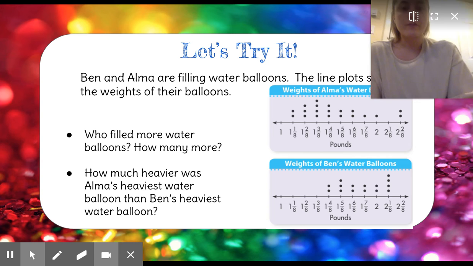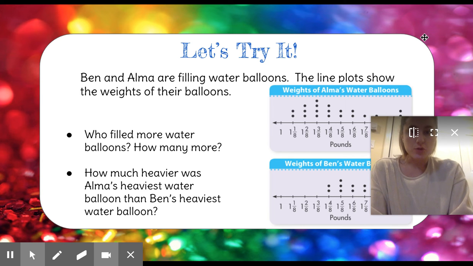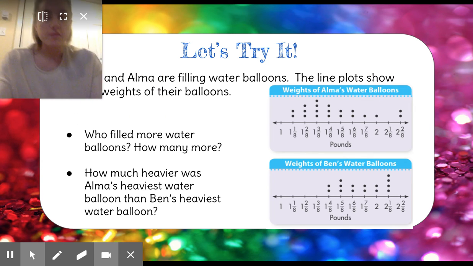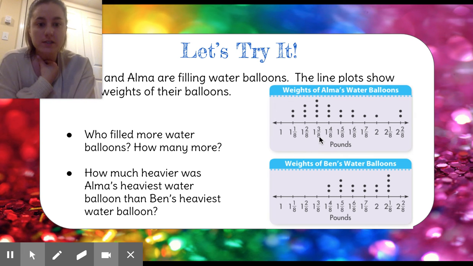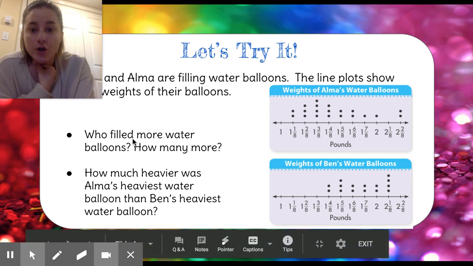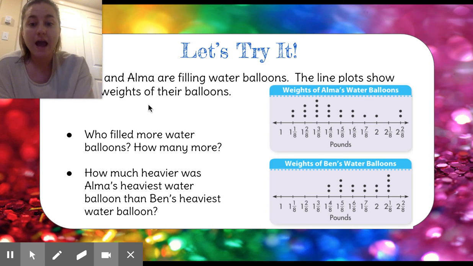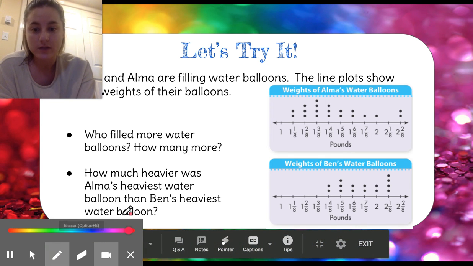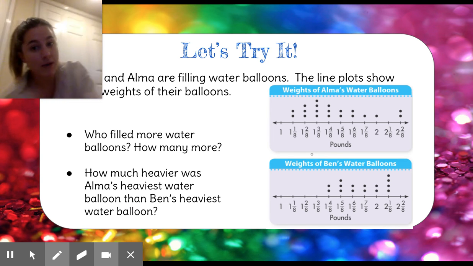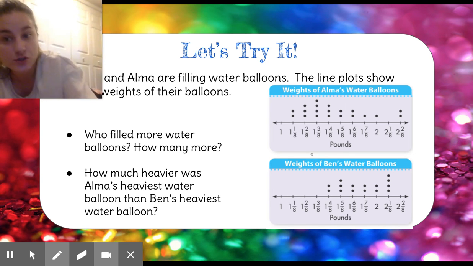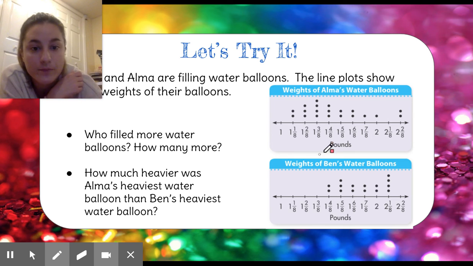Okay, let's try it. Ben and Alma are filling water balloons. The line plots show the weights of their balloons. Okay, I can put myself back up here now. So here is Alma's water balloons on top, Ben's on the bottom. Who filled more water balloons? How many more? So we can see how many they filled by counting the number of dots. We have to do this carefully, especially on a computer screen. So I'm going to count with my marker.